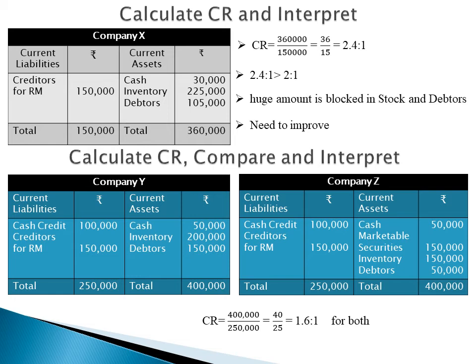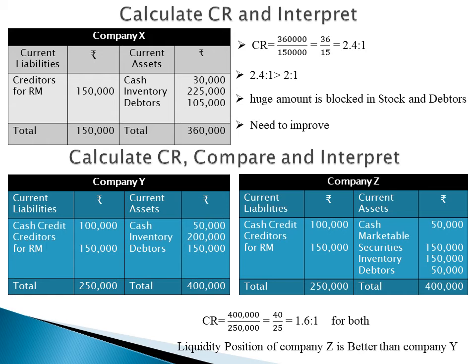Okay. That means only rupees 2 lakh are blocked in inventories and debtors, whereas rupees 2 lakh are invested in cash and cash equivalents, which shows high liquidity. Therefore, we can say that liquidity position of company Z is better than company Y.